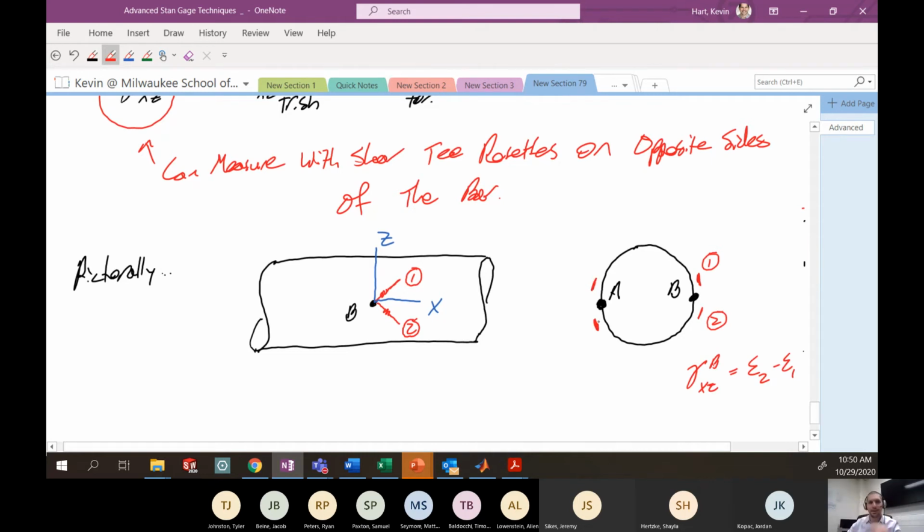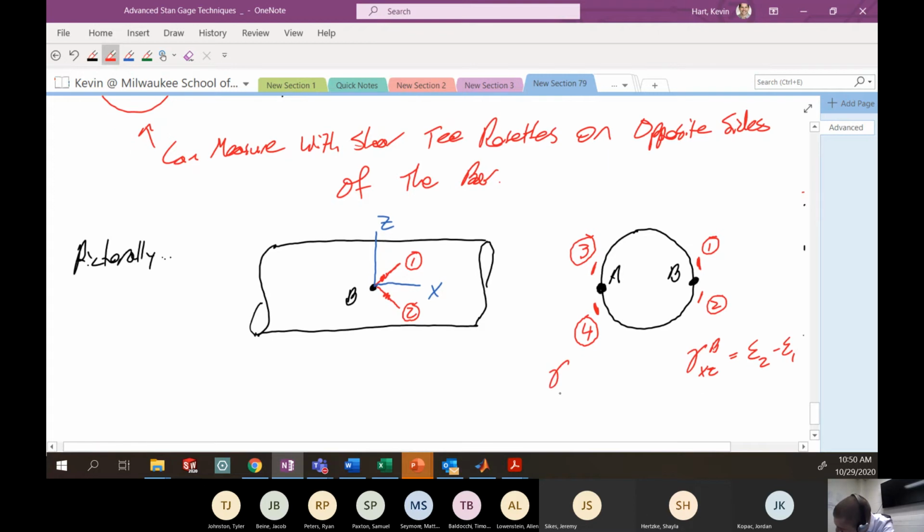You could do this at point A by putting two more gauges. Let's call this gauge number 3, and we'll call this gauge number 4. Then the shear strain at A is epsilon 4 minus epsilon 3.